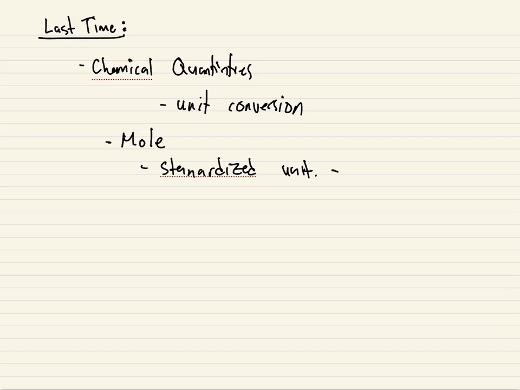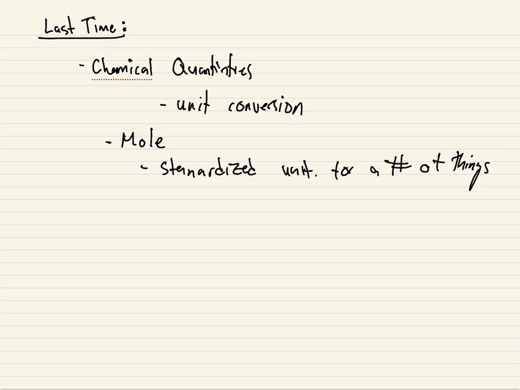A standardized unit for a number of things. So we're trying to build this idea that the mole is like a counting device. It's not some weird nebulous thing. When we say a mole, we want to know that it means exactly a specific number of things, the same way when we say we have a dozen things, that means we have 12 of them, or a couple, that means we have 2, right?